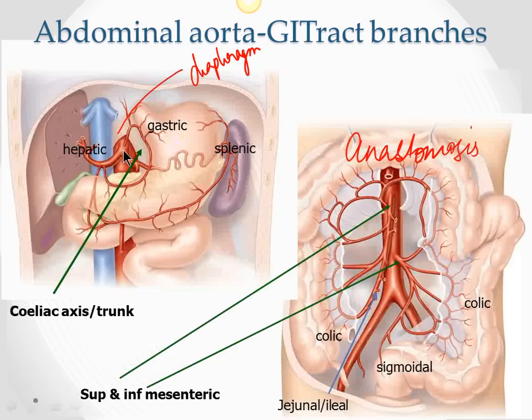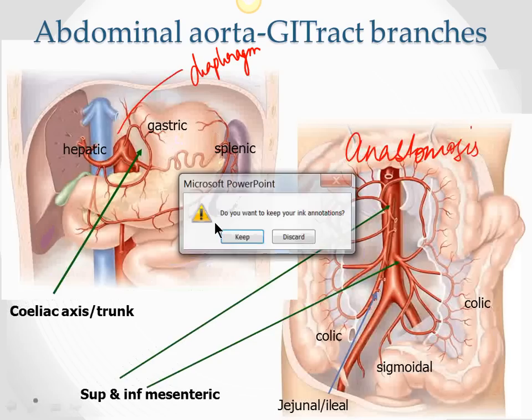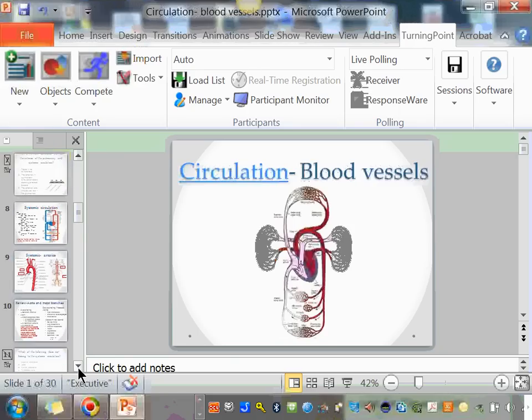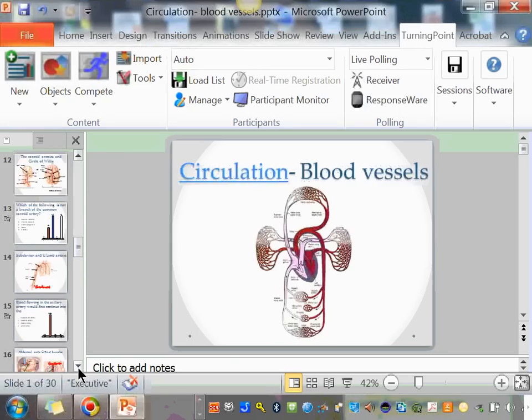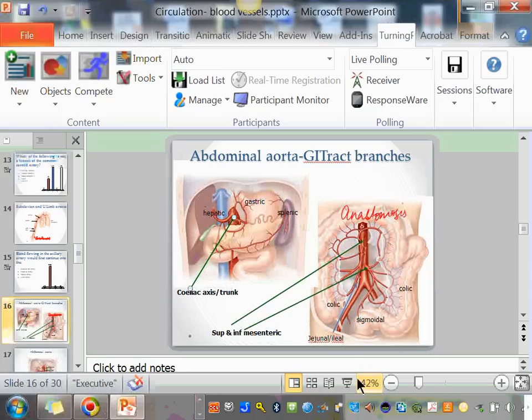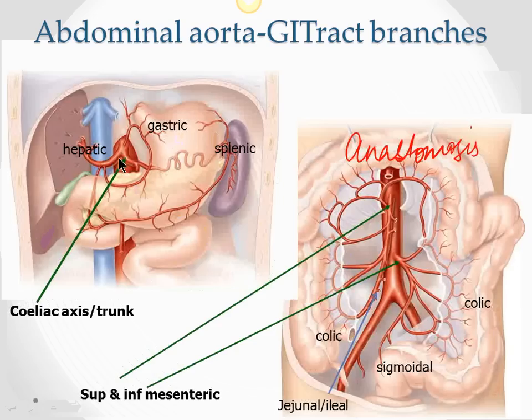So this arrow should really be pointing here. This is the celiac trunk, this part here on top. Some of its branches you can see here.